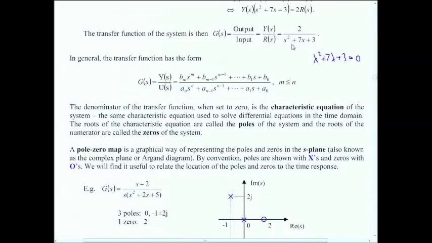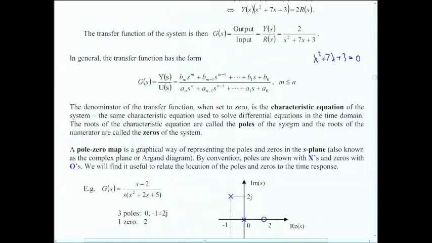I'm just using s instead. But both lambda and s are complex variables. You remember that lambda, the eigenvalue, could be a complex number, because you're actually in the complex domain when you're looking at that.